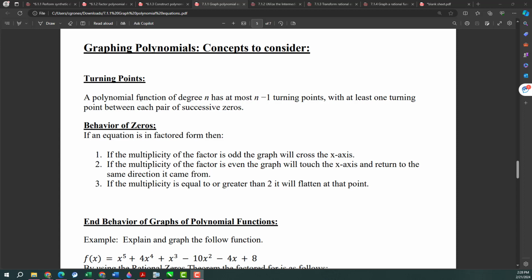Turning points: a polynomial function of degree n has at most n minus 1 turning points. So let me highlight this. With at least one turning point between each pair of successive zeros.